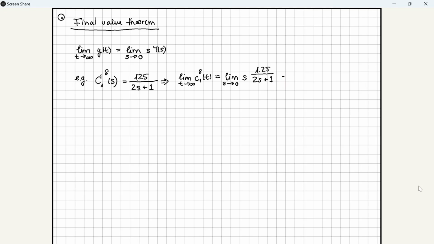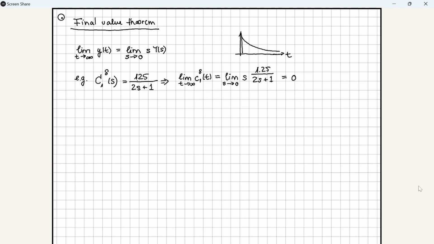And so this goes to 0 because s goes to 0. This goes to 1.25, and 1.25 times 0 is 0. So that means, if you remember, we had the spiked signal, and so with the delta pulse, it went up to a value and then went down, and it stayed at 0.